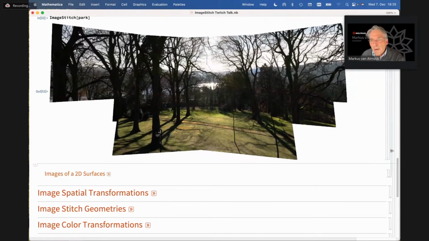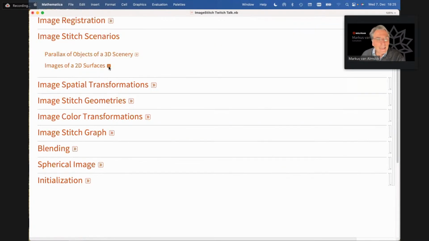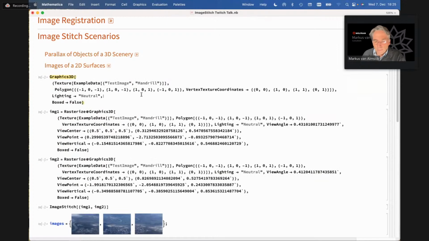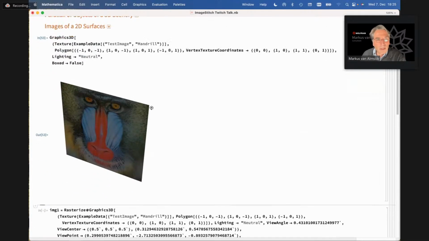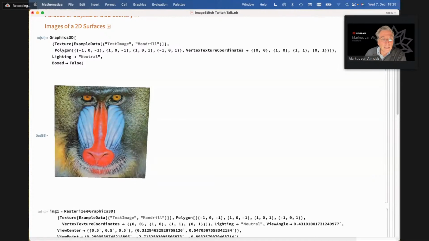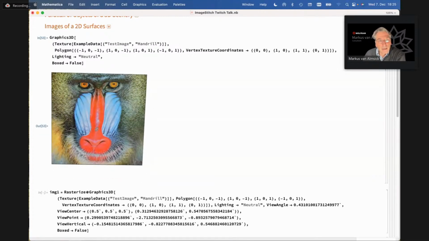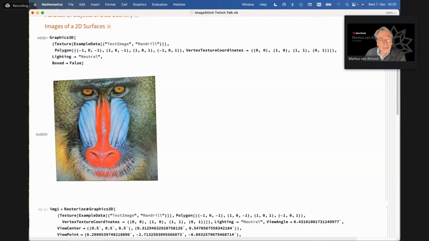There's one more scenario, and that is stitching 2D images that you have taken in 3D space. So let's assume you are wandering through an exhibition, and there is this image of a mandrill on the wall, and you try to take a picture up front.